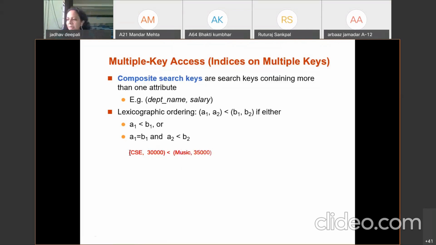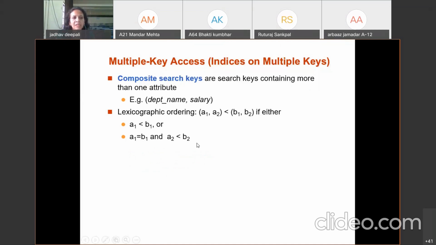CSE, C is alphabetically less than M. If A1 is equal to B1, meaning CSE, comma, 30,000 is less than CSE, comma, and so on, here A1 is equal to B1, both are CSE. So in that case, A2 must be less than B2. Then we say this set is less than that set. Everyone clear? So it should follow the lexicographic order when we consider multiple search keys in a single index.